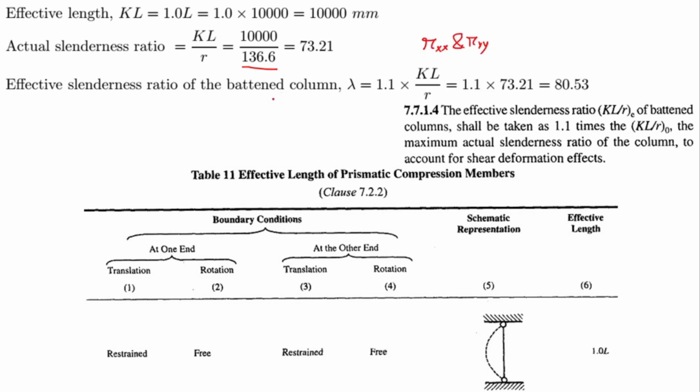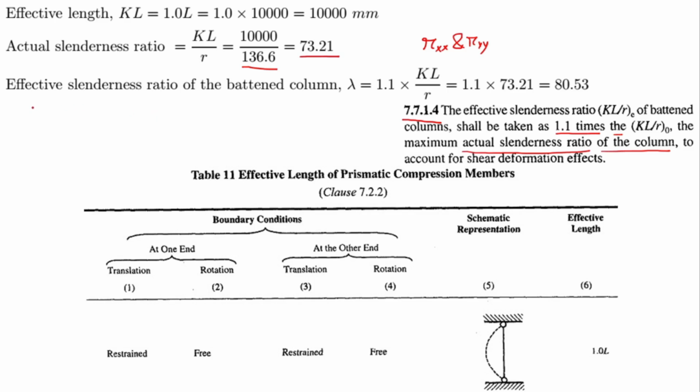And finally, the actual slenderness ratio is calculated as 73.21. Then if you follow the clause number 7.7.1.4 of IS 800/2007, the effective slenderness ratio of a batten column shall be taken as 1.1 times the maximum actual slenderness ratio of the column to account for shear deformation effect.